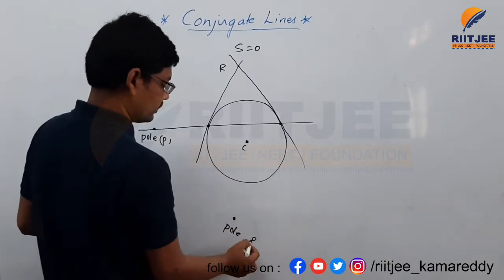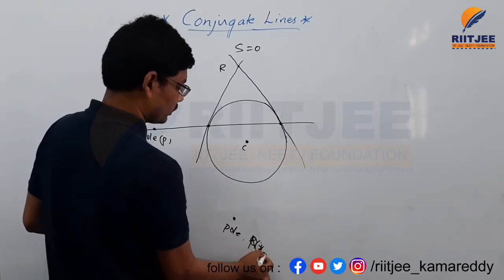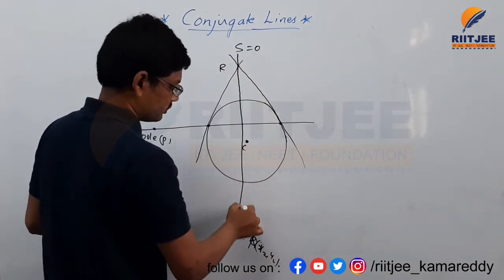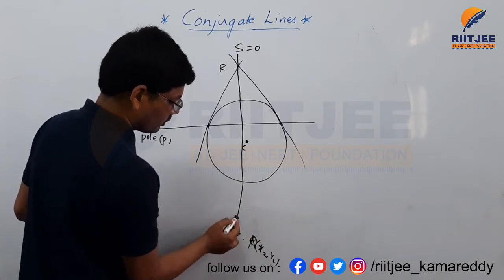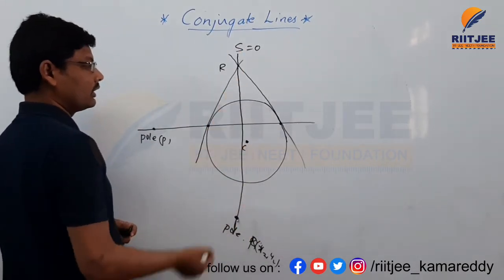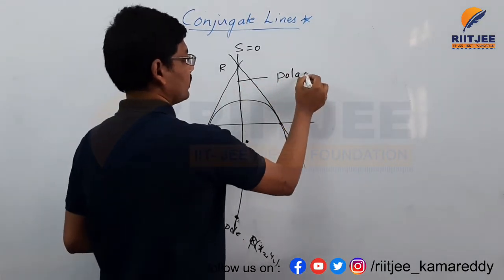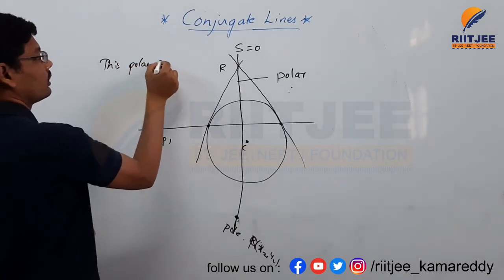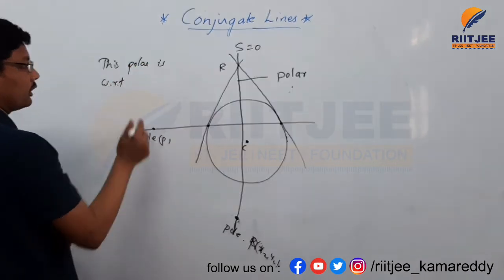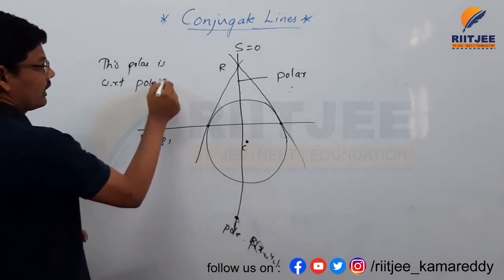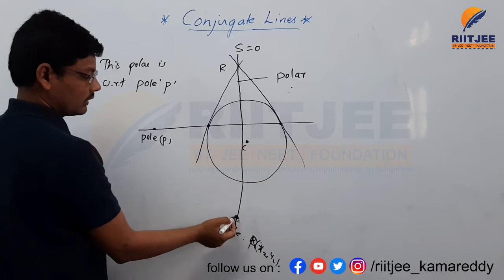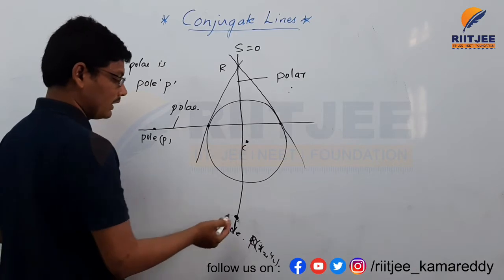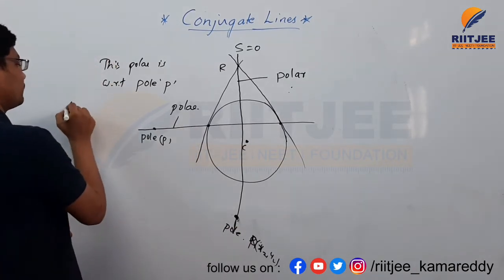This is Q here, x2 comma y2, and the joining of R and P will give a polar. This polar is with respect to the pole P, and I am considering this is also a polar.